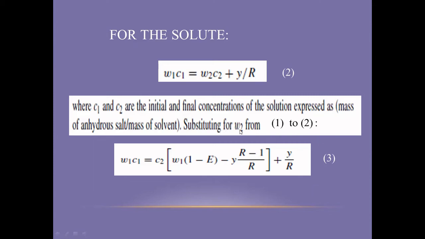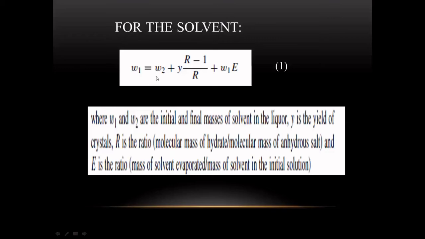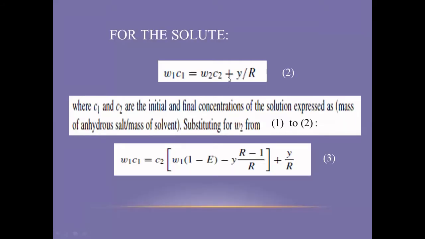We substitute W2 from the first equation, from here. So meaning all of this here, the second and the third term here on the right will be transferred on the left. That way you will have W2. The W2 in here will be substituted in here and it will give you this one.